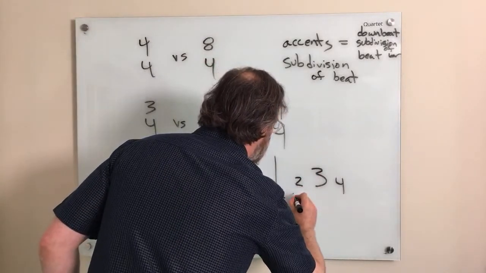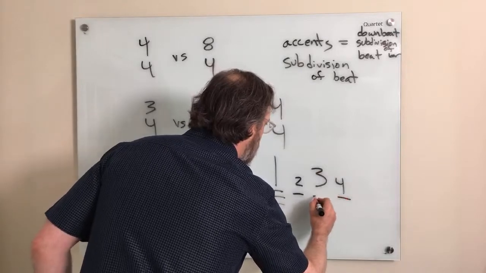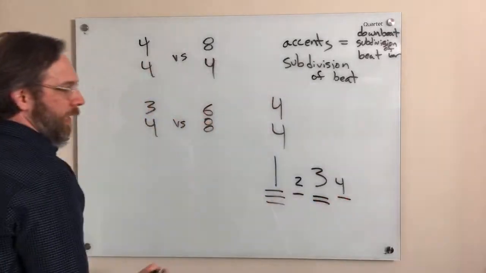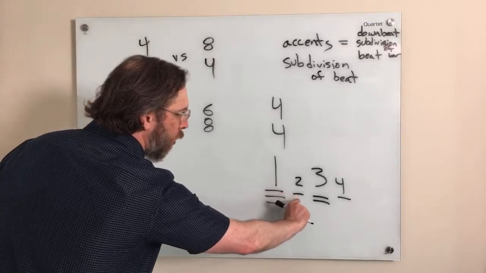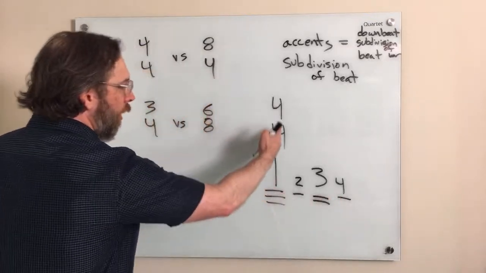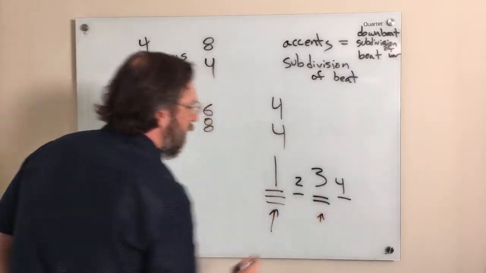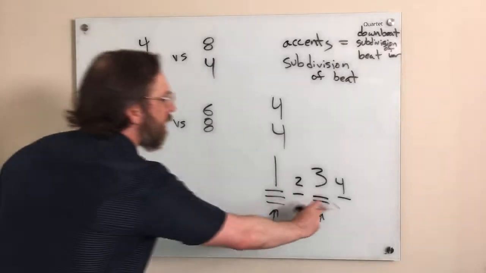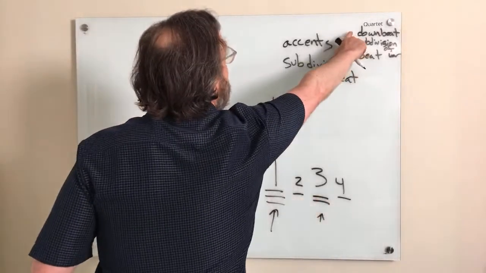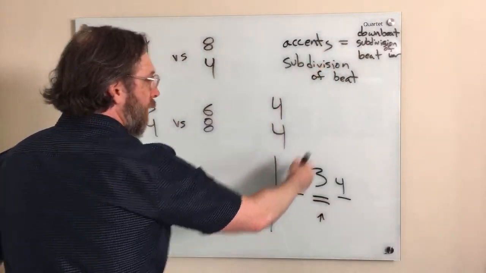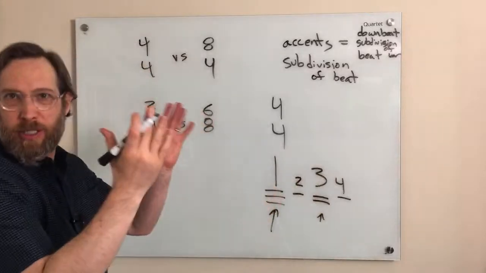So 2 is a bit softer, so is 4. 3 gets like 2, so if we're doing 3 volume markers, 1, 2, 1. So the loudest accent is on 1, the second loudest is on 3, and then beats 2 and 4 are softer yet.